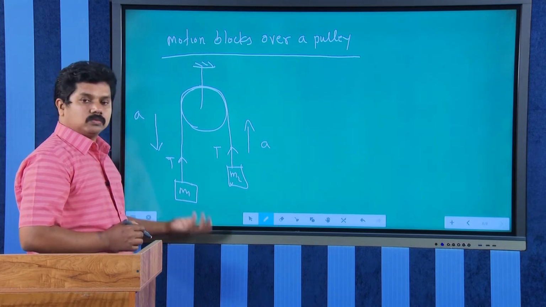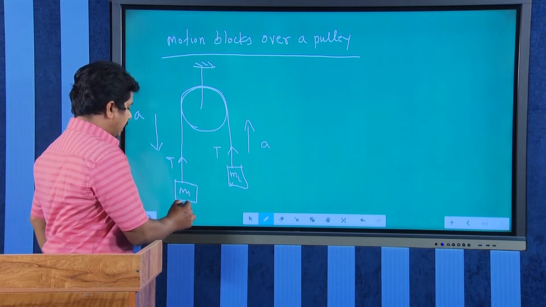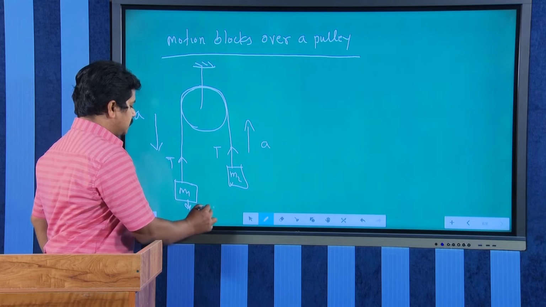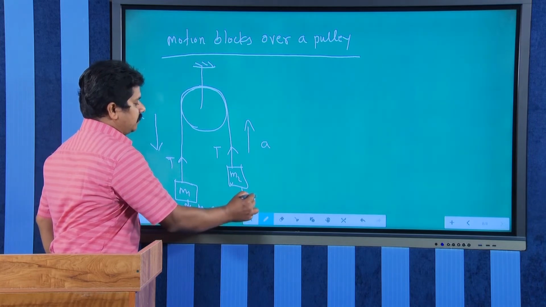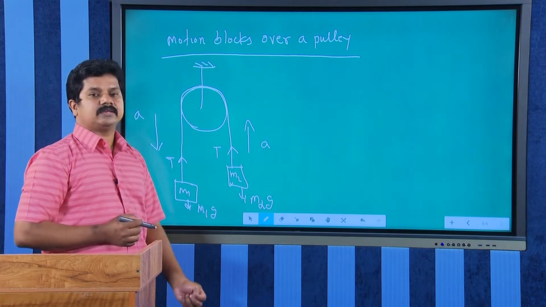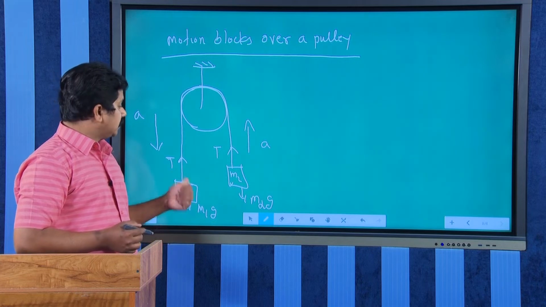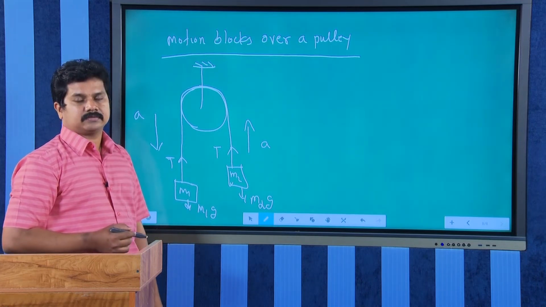Now, definitely gravitational force mg will be acting down. So, m1g will be there, here also m2g will be there, it will be always downward. Gravitational force will be always acting vertically down. Now, we need the tension and acceleration.